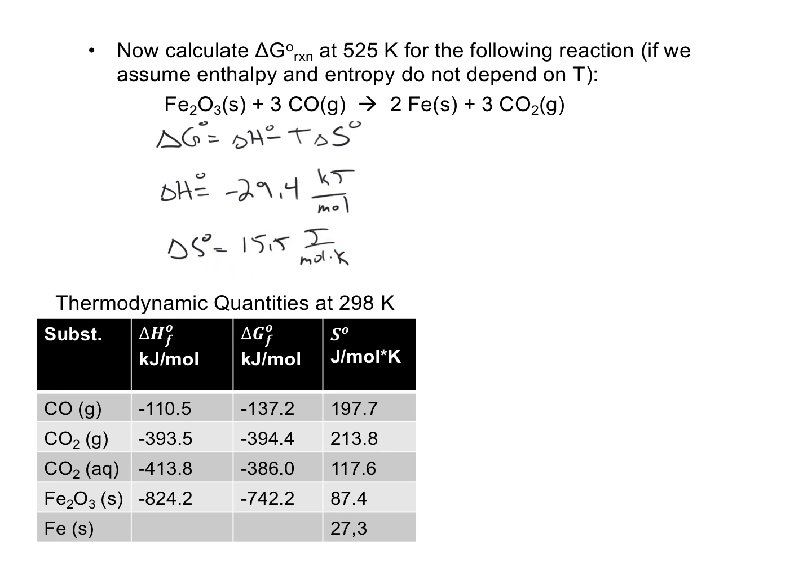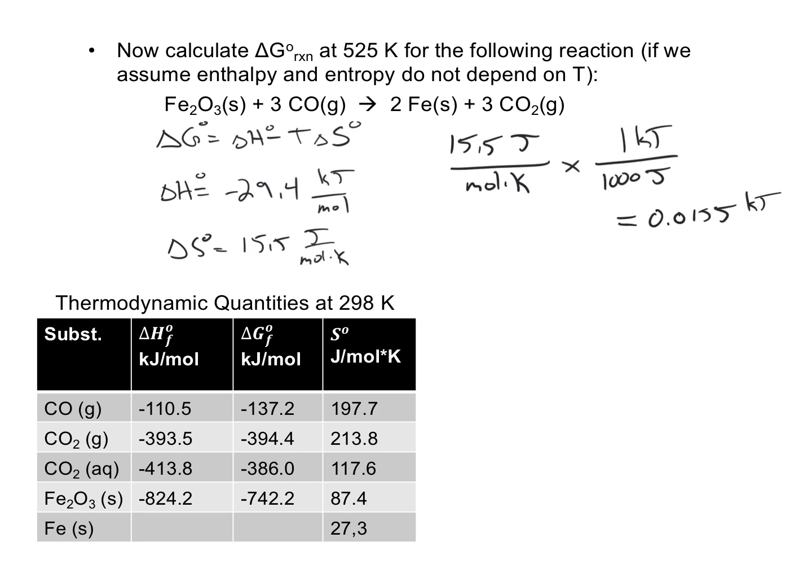So if I do that, 15.5 joules over moles Kelvin, and then times, we know that there are 1,000 joules in 1 kilojoule. So my delta S is 0.0155 kilojoules per mole Kelvin. All right, so now I can plug everything in.